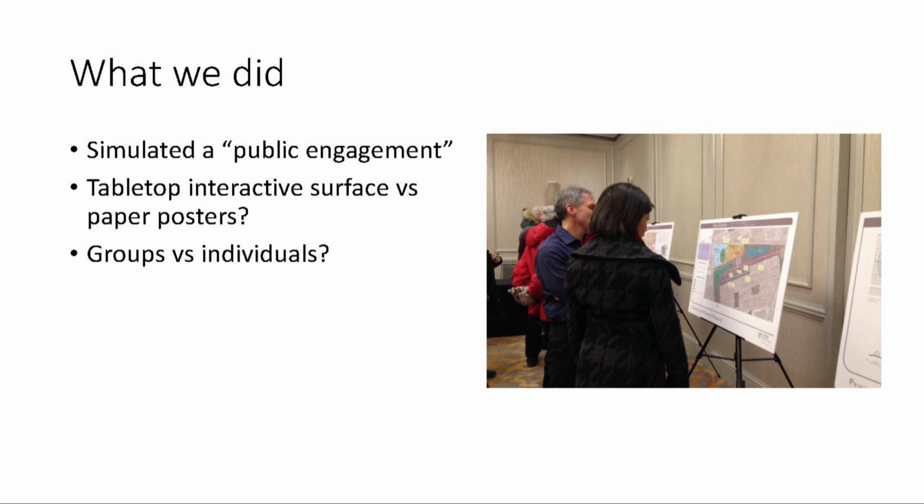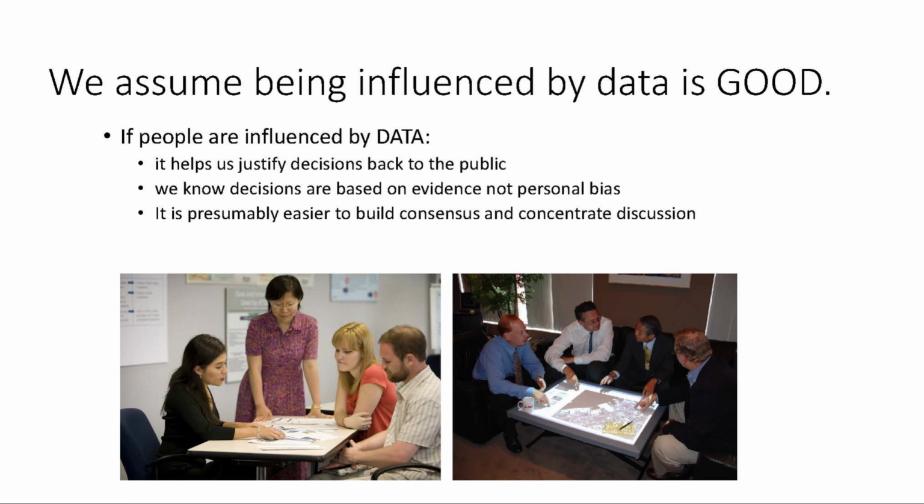So we simulated a public engagement, and we compared tabletop interactive surfaces with paper posters and groups versus individuals. For this study, we assume that being influenced by data is good. If people are influenced by data, it helps us justify decisions back to the public.